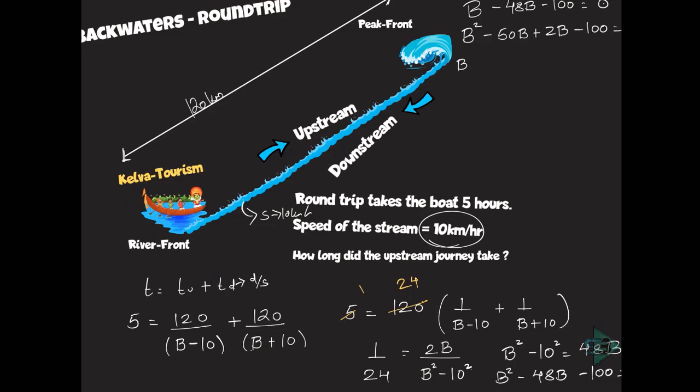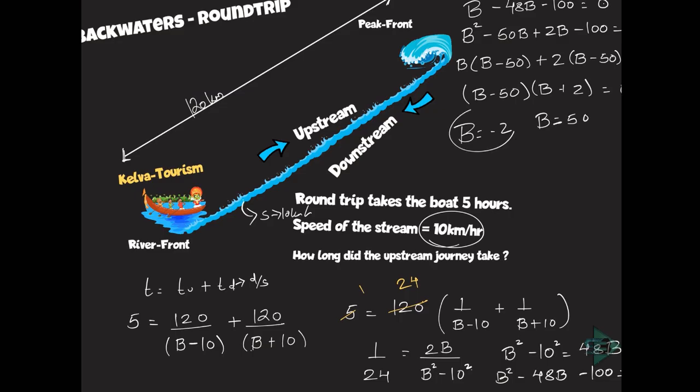Now take out B common from here. What is left is B minus 50. Take out 2 common here. What is left is B minus 50 is equal to 0. So what am I left with? B minus 50, if I take it out, into B plus 2 is equal to 0. So B is equal to minus 2, or B is equal to 50.